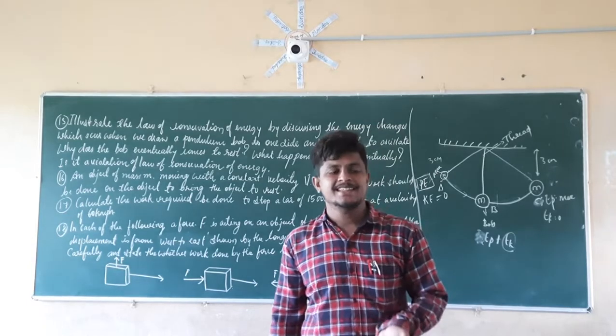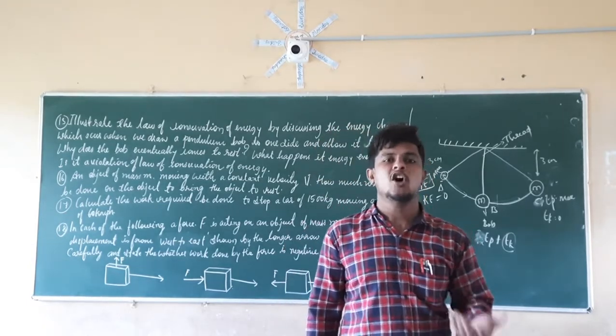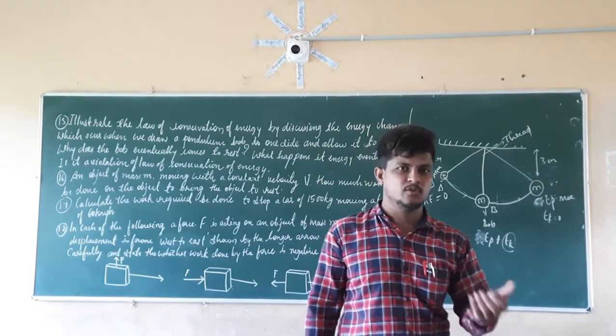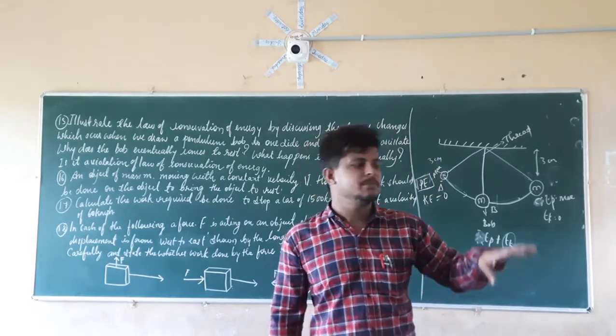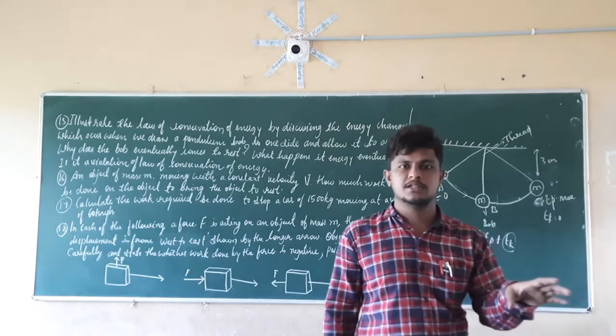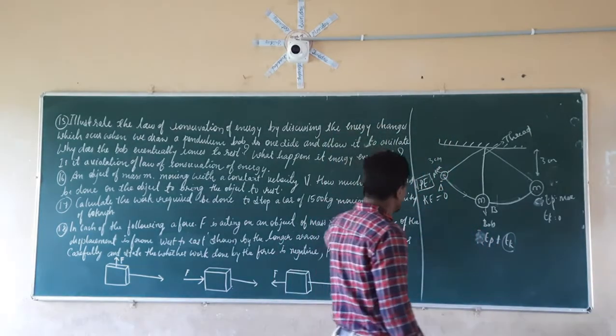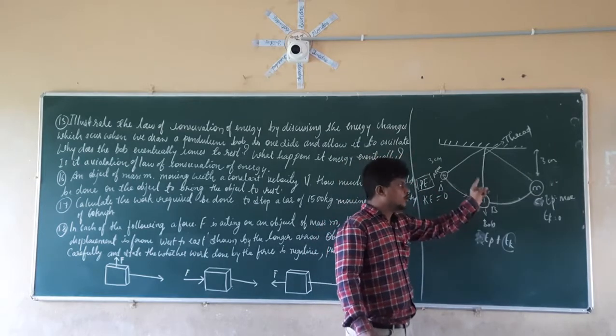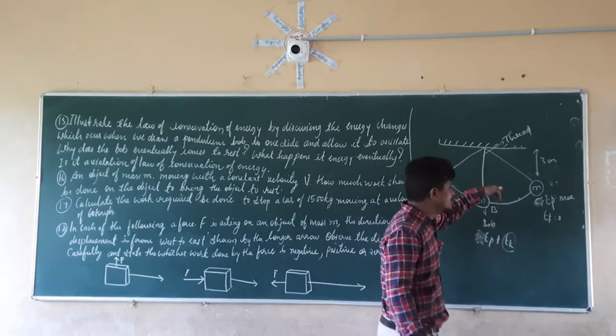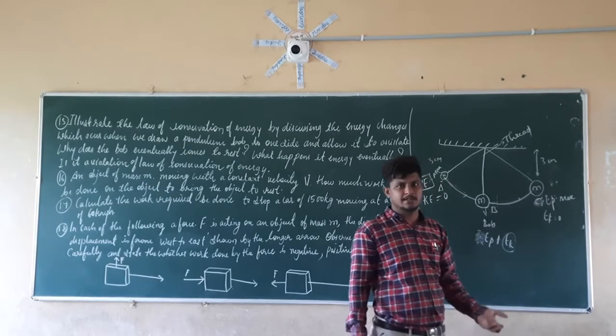That energy is getting dissipated, that energy is getting lost, that is nothing but energy transfer taking place to overcome the resistance force. If this pendulum bob has to move in this direction, it is going to overcome the resistance force which is coming from the air resistance.